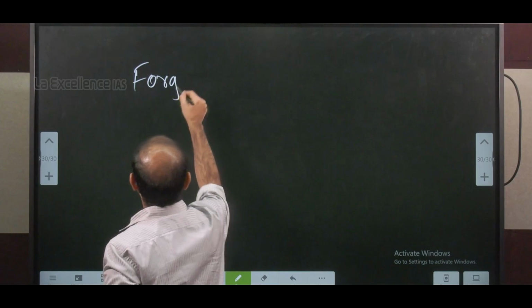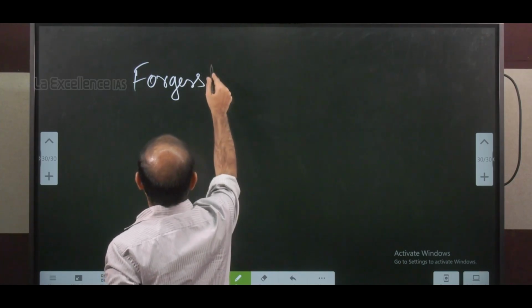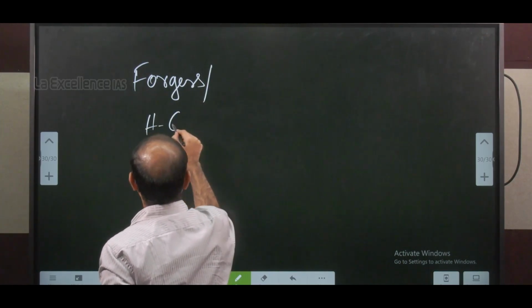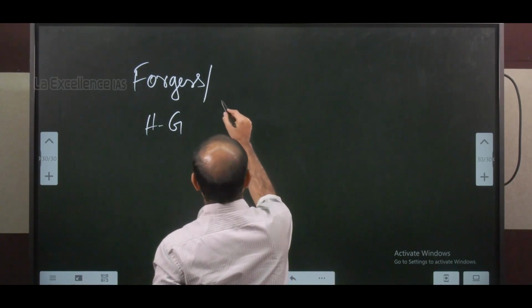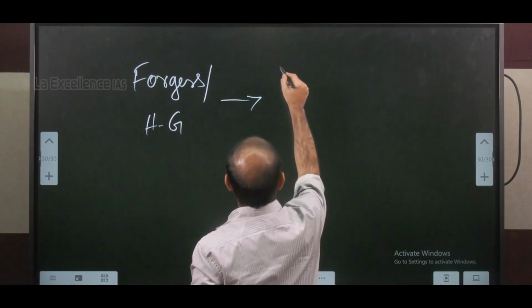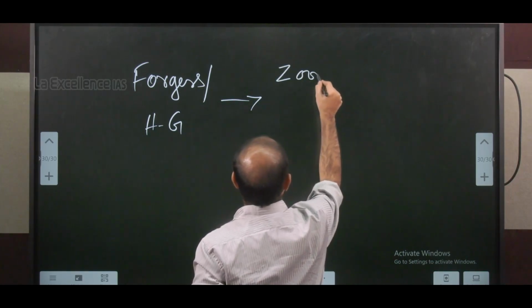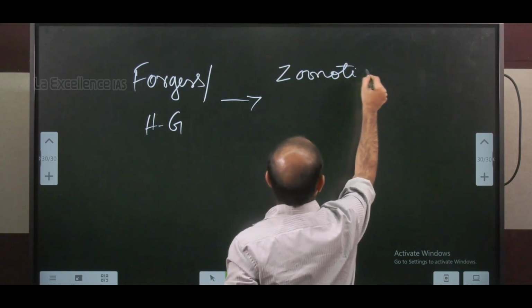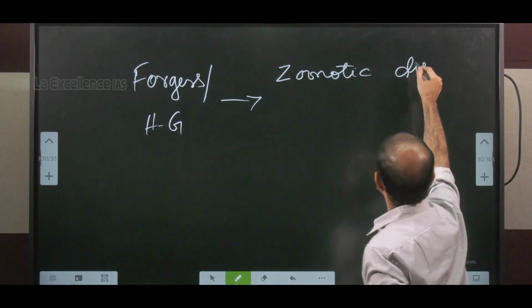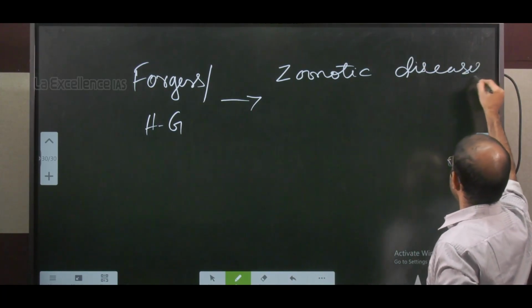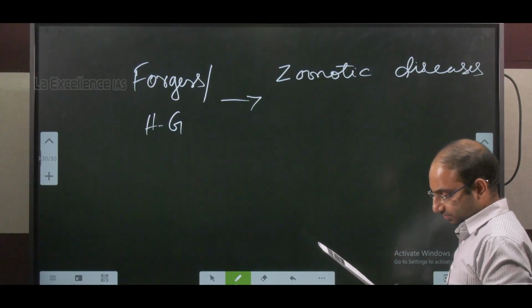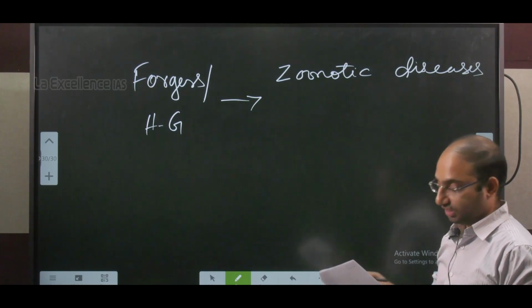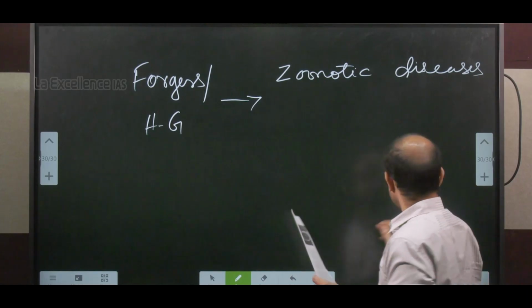When people were foragers or hunter gatherers, in this stage people are more vulnerable to zoonotic diseases. So what are these zoonotic diseases?